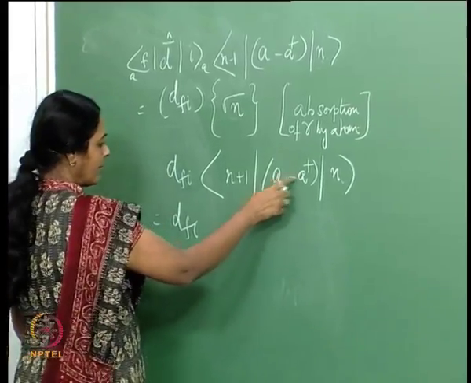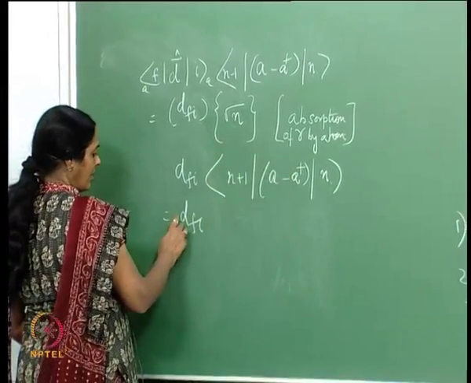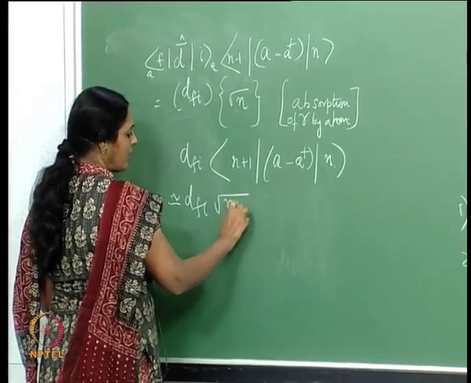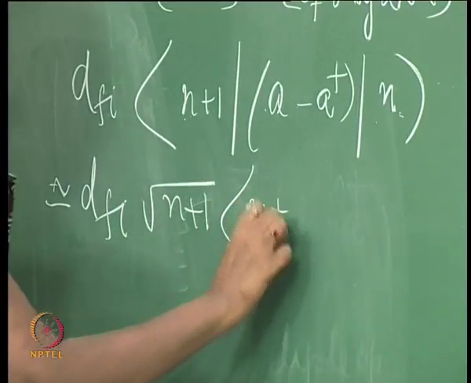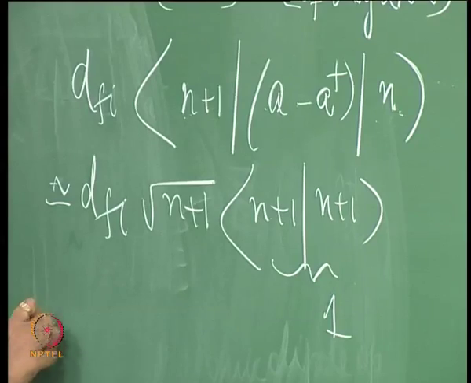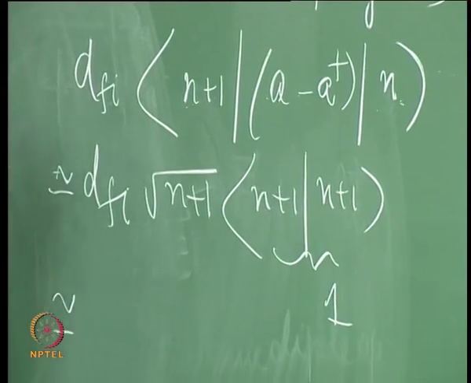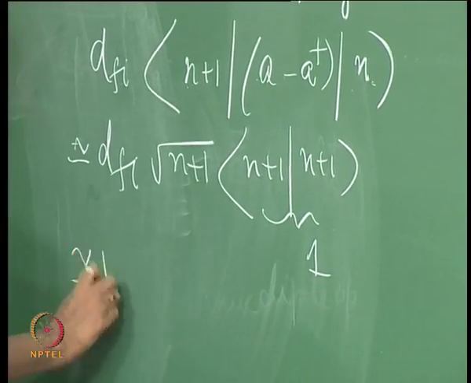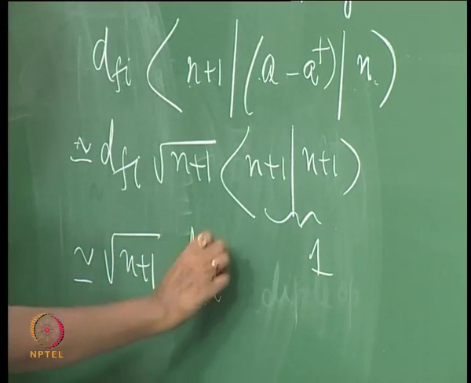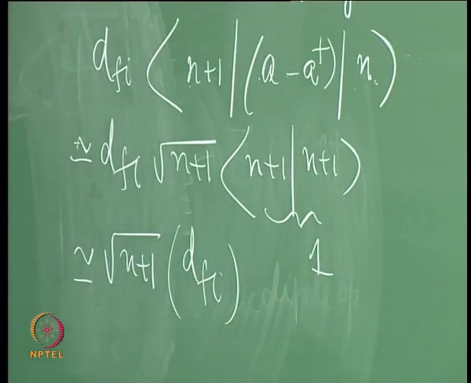But A dagger, forget the signs, A dagger produces a root of n plus 1, ket n plus 1, and therefore I have, apart from signs, constants and so on, a root of n plus 1 times the atomic part.